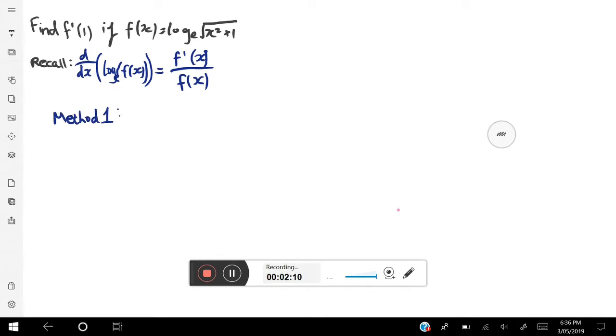If we rewrite f of x first, remember your index laws. Square root is the same as to the power of a half. So f of x is log e of x squared plus 1 to the power of 1 on 2.